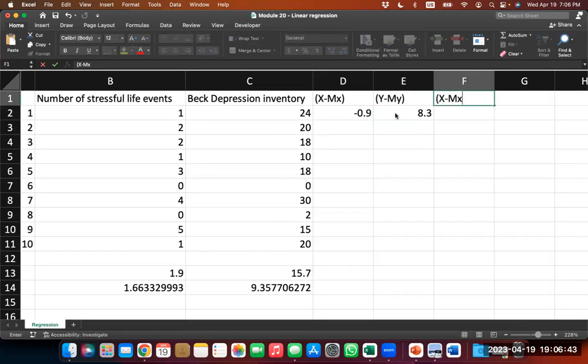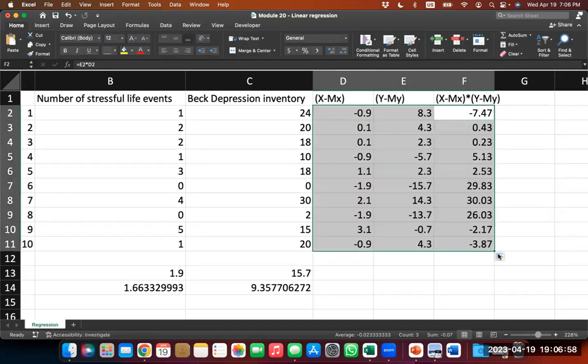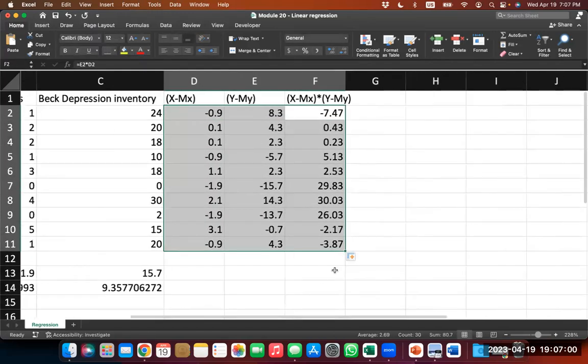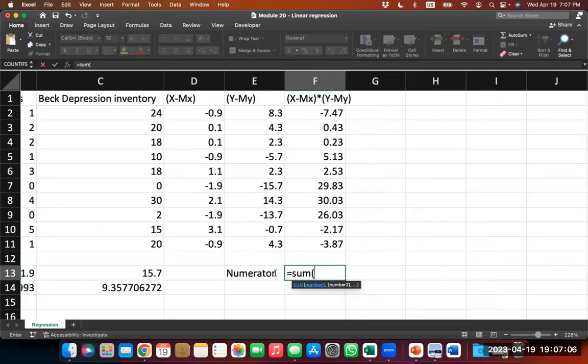As we remember, this is how you basically start off, which is basically the product of these two. Now we can just pull this all the way down. So that's our numerator, basically the sum of these 10.